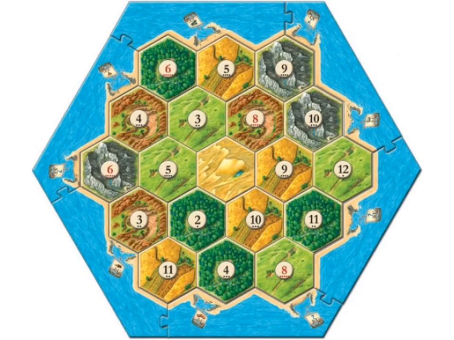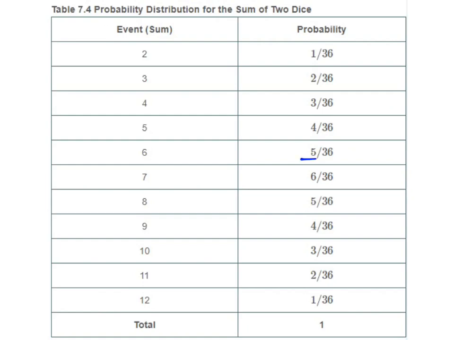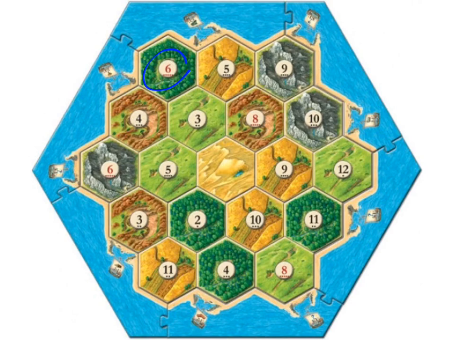Okay, so for example, the 2 has 1 dot because there's only one way to roll a sum of 2. You'd have to roll 2 ones. Whereas something like 6, it has 5 dots below it, and that's because its probability is 5 out of 36. There are 5 ways to get a sum of 6.